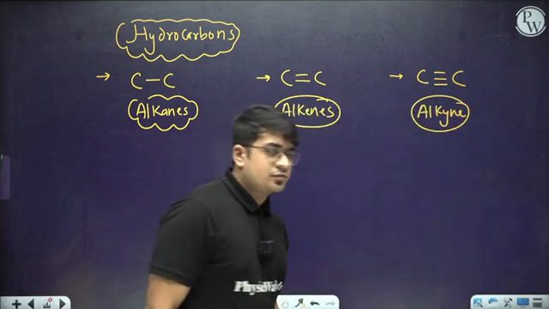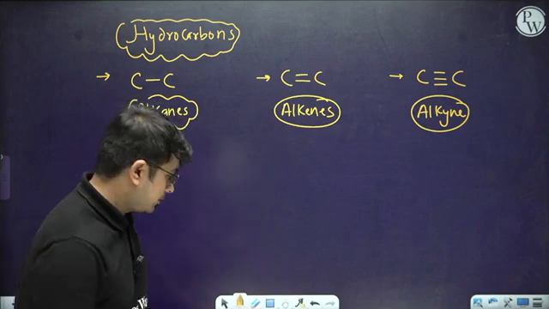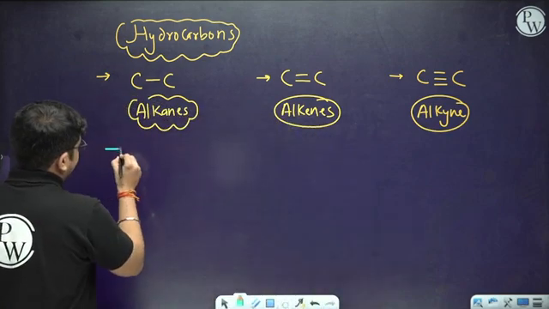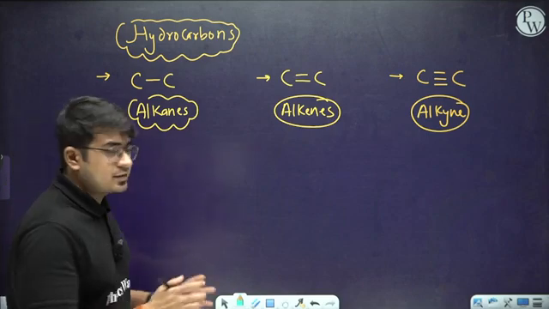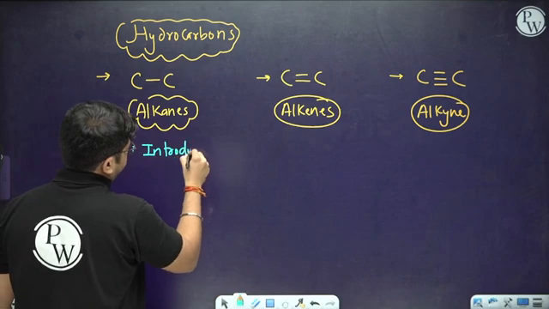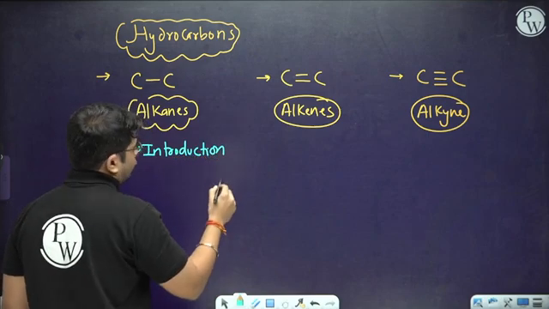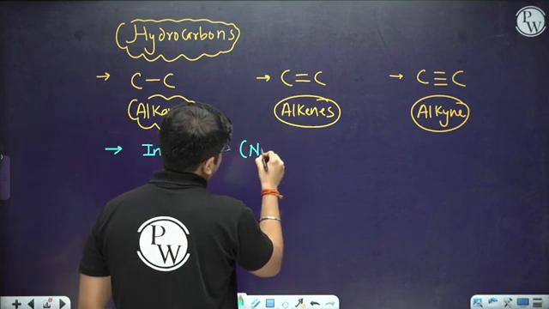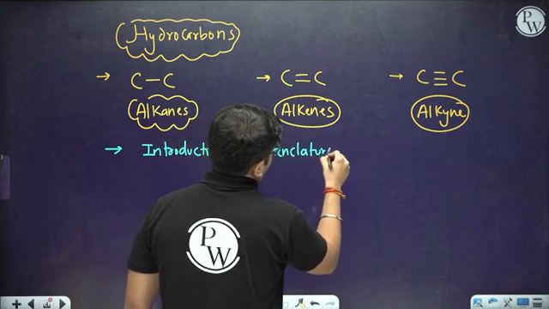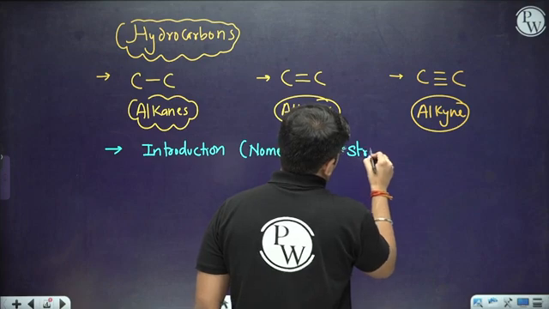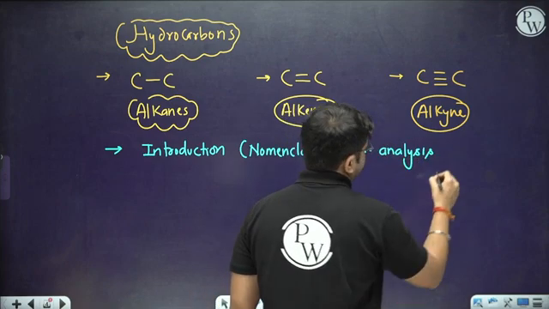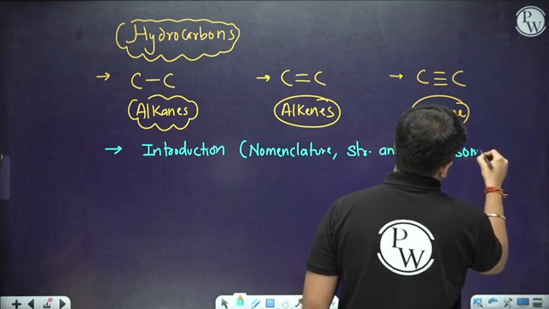So what type of things are we going to study in this particular chapter? Always remember, the entire analysis of organic chemistry always starts with the introduction part, which comprises nomenclature, structure analysis, as well as isomerism part.